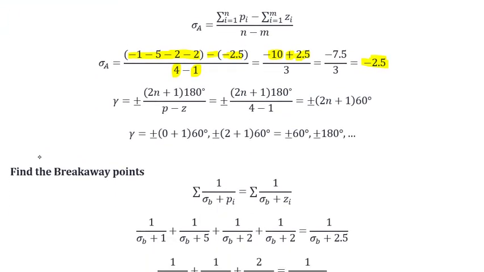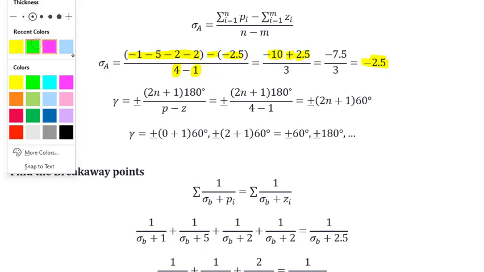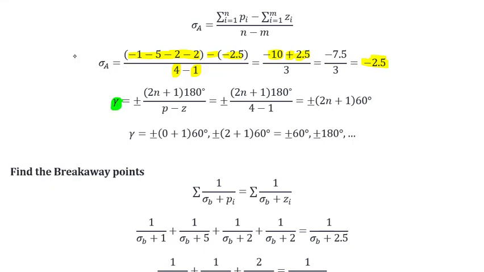Then the other part is the asymptote angle. We'll use gamma. Same formula as before. This is the ultimate formula once we divide 180 by 4 minus 1, which is 3, so that gives us 60. Putting in 0 for n, that gives us plus or minus 60.